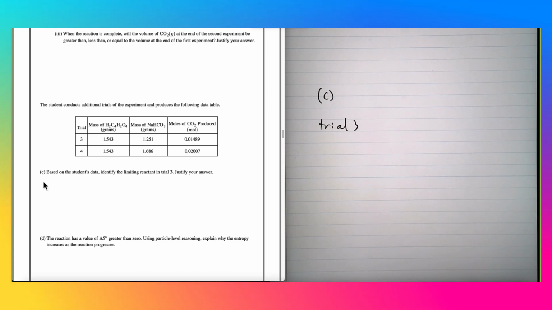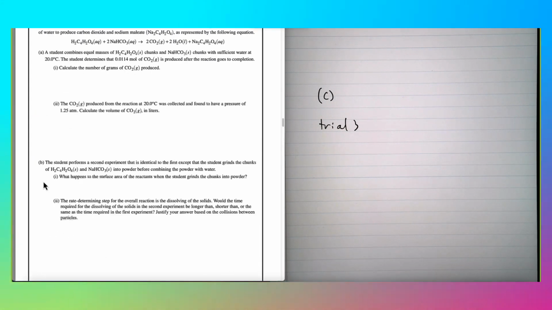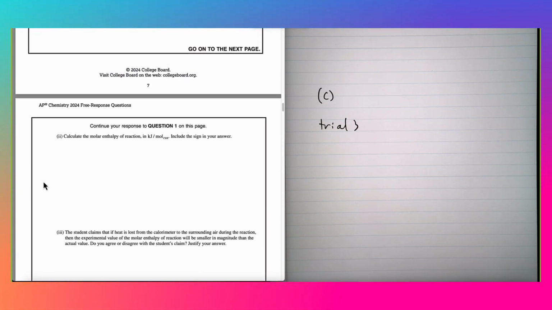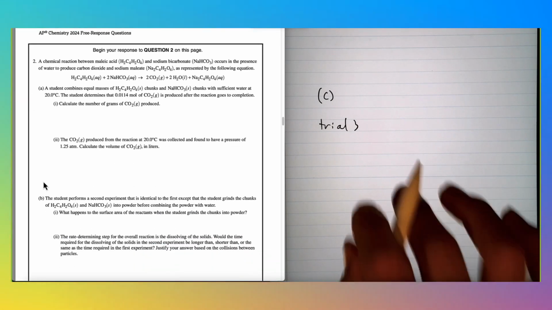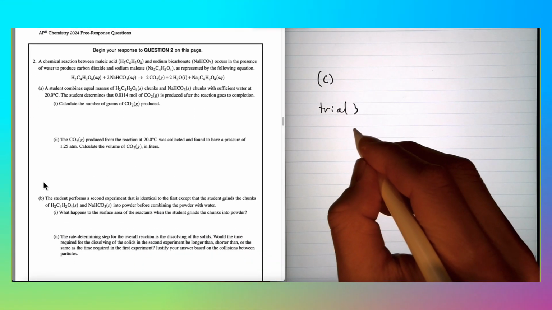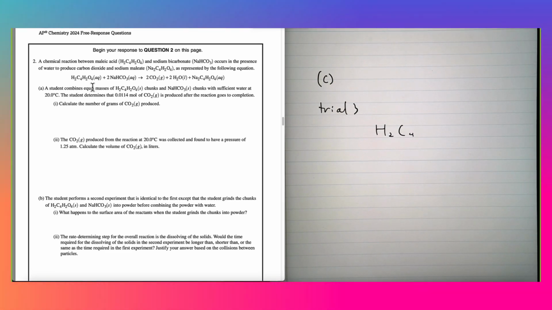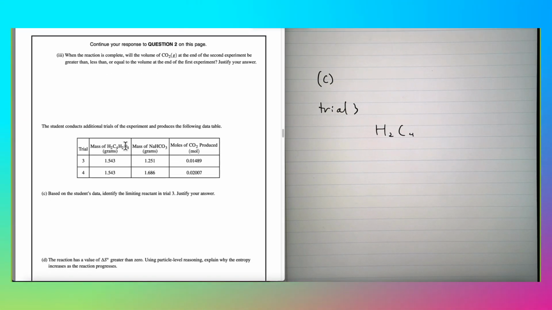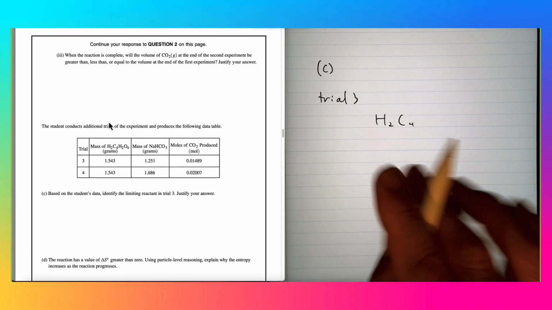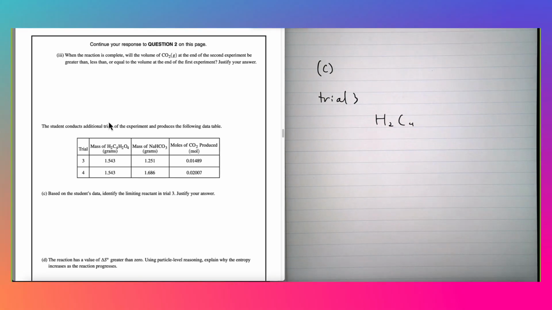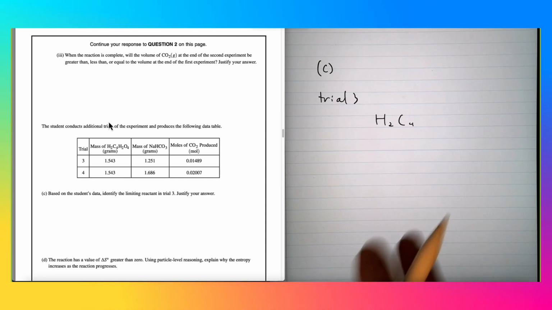Okay, if you go back to the original equation, we have 2 reactants: in the table, maleic acid and sodium bicarbonate. Those are the 2 reactants, and we need to convert these to product, the carbon dioxide. So this can be done by stoichiometry.